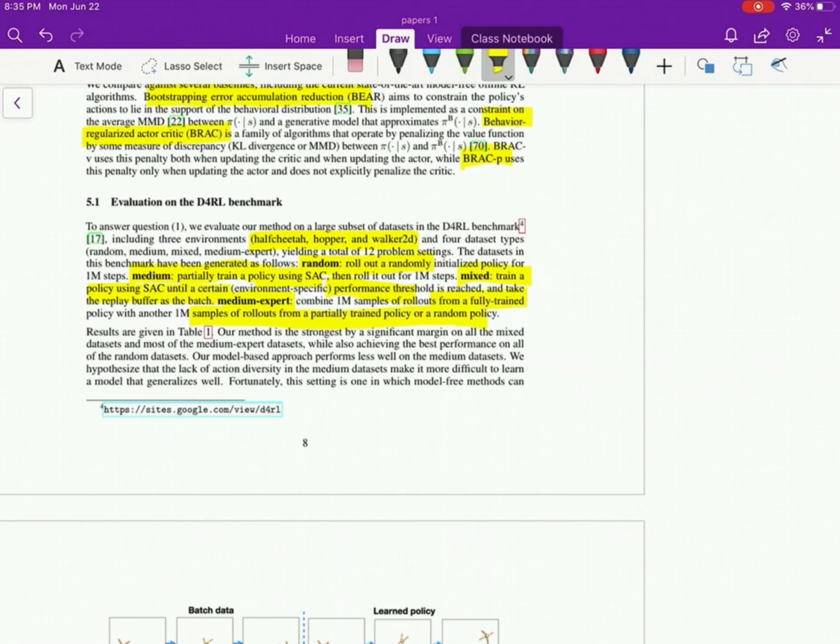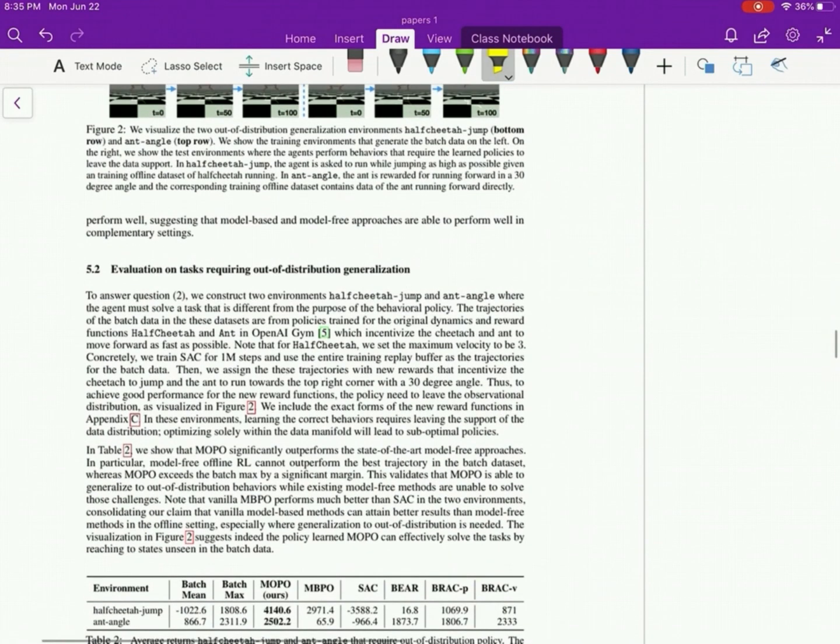So what they say here is our method is the strongest in mixed datasets and medium. They also say that model-based is performing less well in the medium datasets, as we saw earlier. Fortunately the setting is one in which model-free methods can perform well.